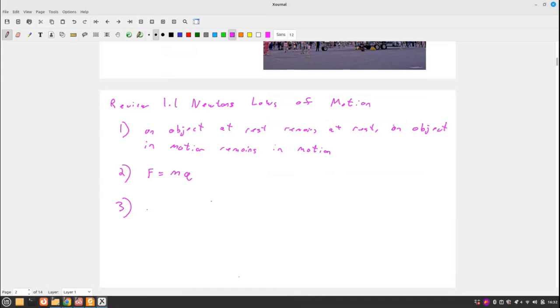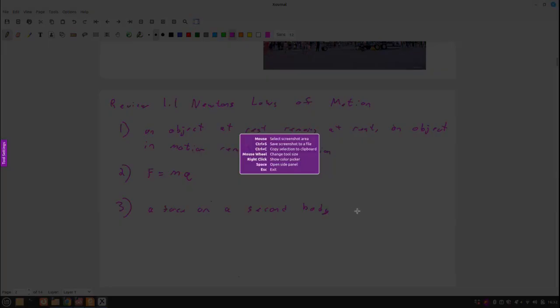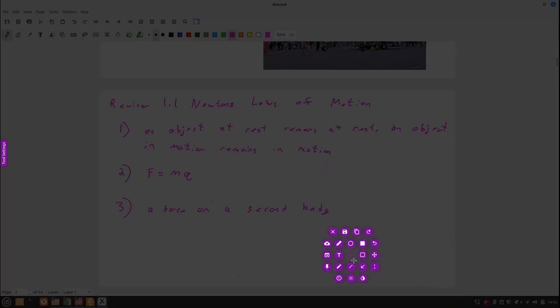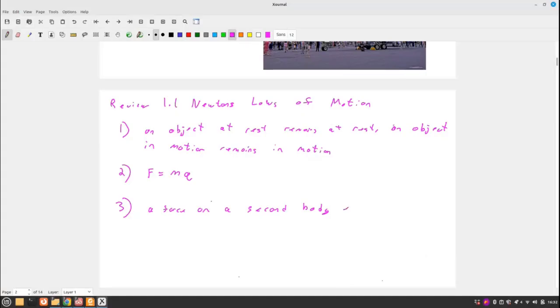So a force on a second body exerts an equal and opposite force.